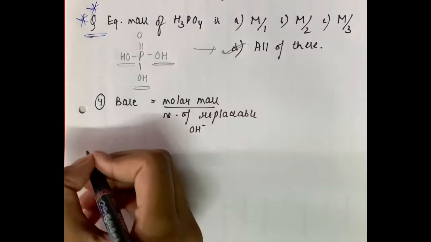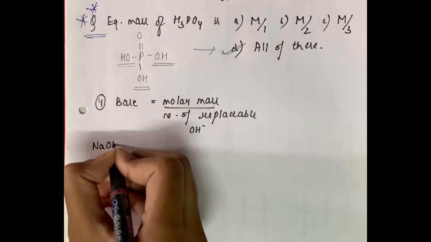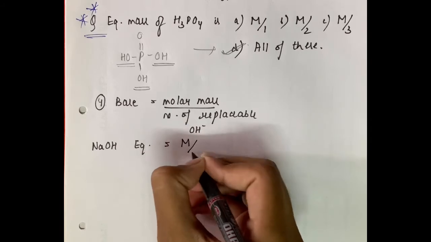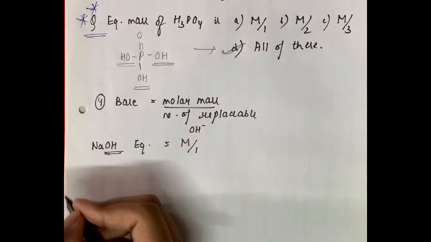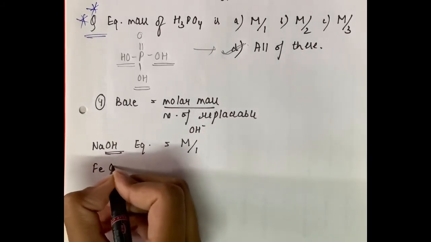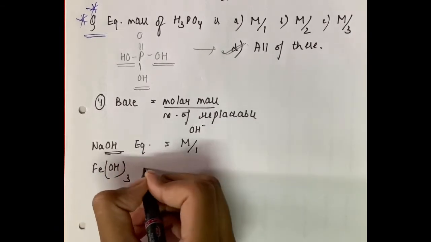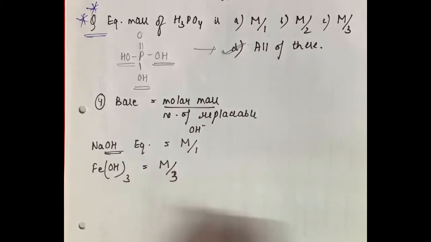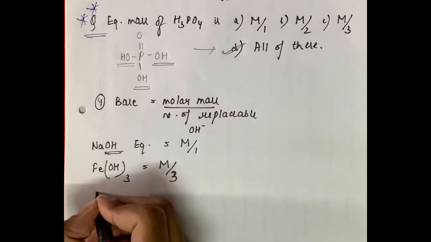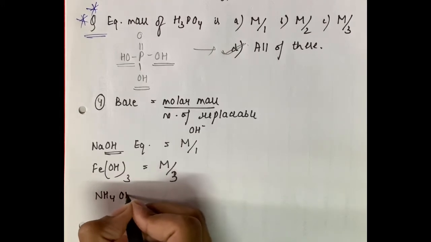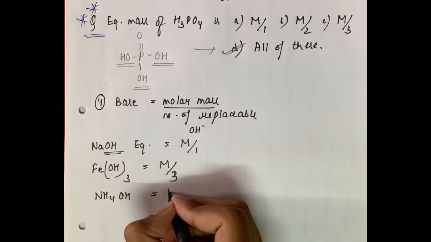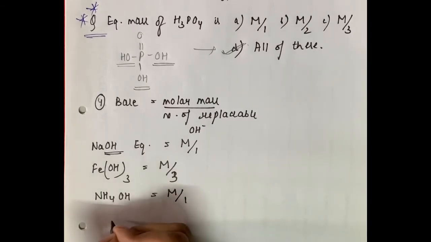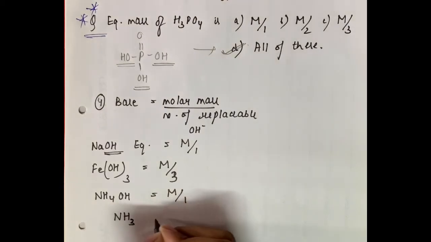For example, in case of NaOH, its equivalent mass would be M by 1 because of the presence of one OH with Na, and in case of Fe(OH)3, its equivalent mass is M by 3 because of the presence of 3 OH with Fe, and in case of NH4OH, its equivalent mass is M by 1 due to the presence of 1 OH with NH4.